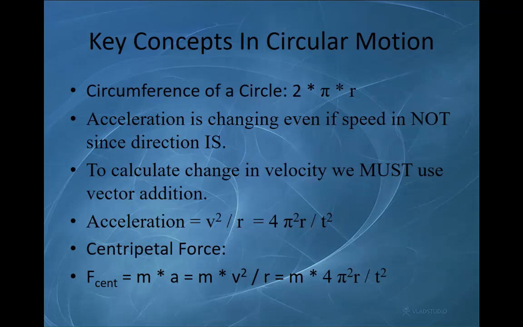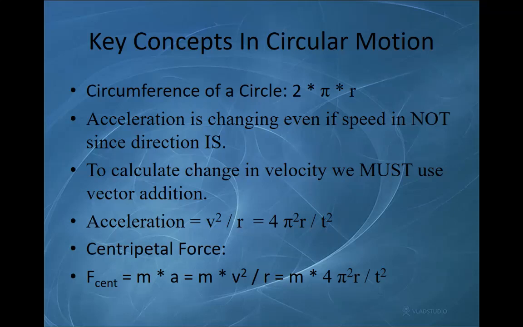Acceleration is changing even if speed is not, because direction is. Remember, it's a vector quantity. To calculate a change in velocity, we have to use vector addition. Centripetal acceleration is going to be v squared over r, which is 4 pi squared r over t squared. Okay.